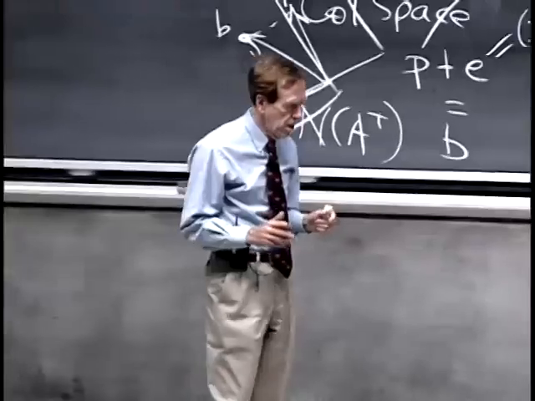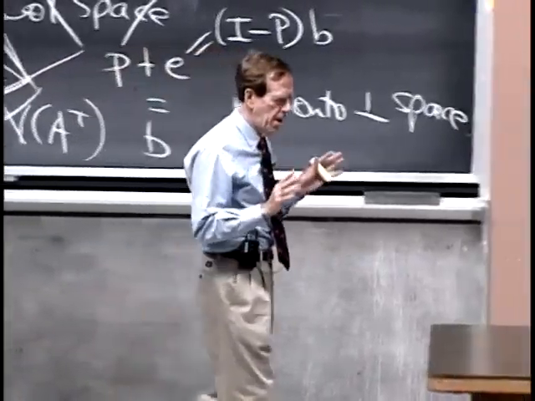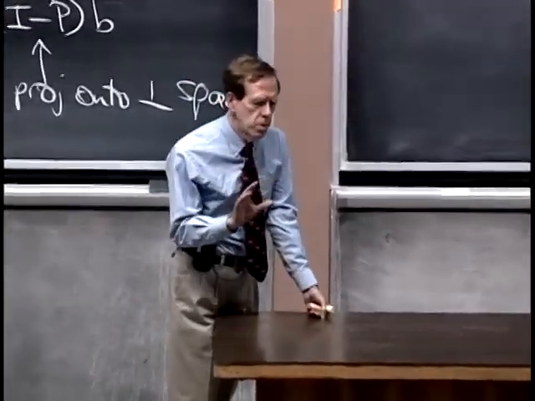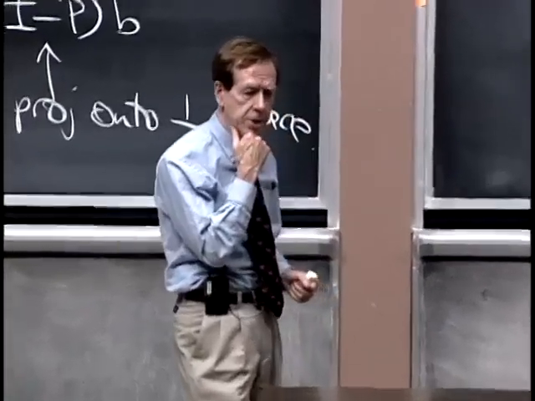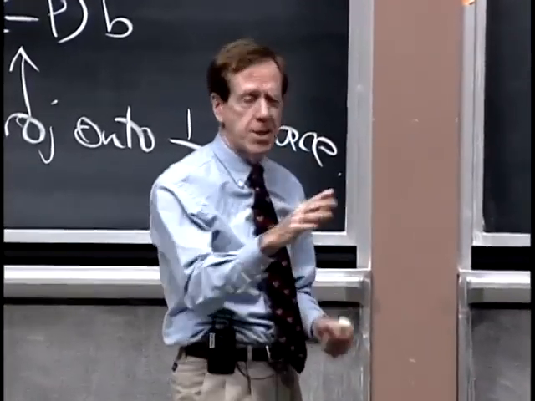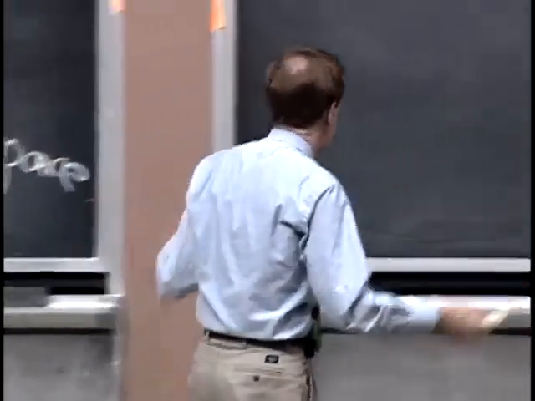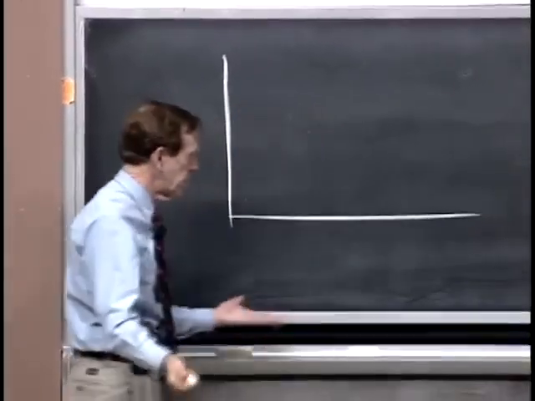So now, let me do that again. I'll go right through a problem that I started at the end, which is find a best straight line. You remember that problem? I picked a particular set of points. They weren't especially brilliant.